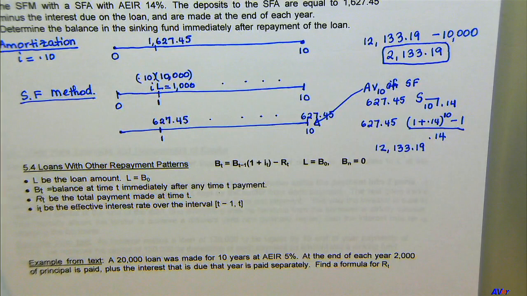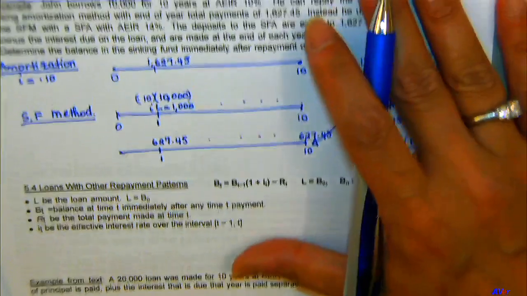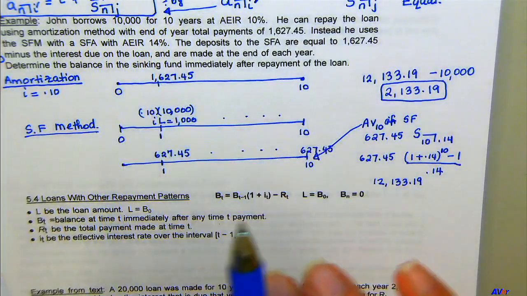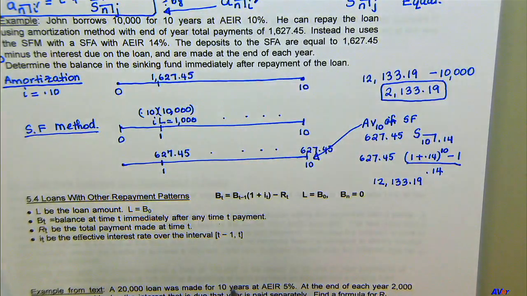So let's just say the loan balance was like 20,000. Then would you report a negative balance at the end of 10 years? If the loan was 20,000, this would be double. But wait, let me explain.